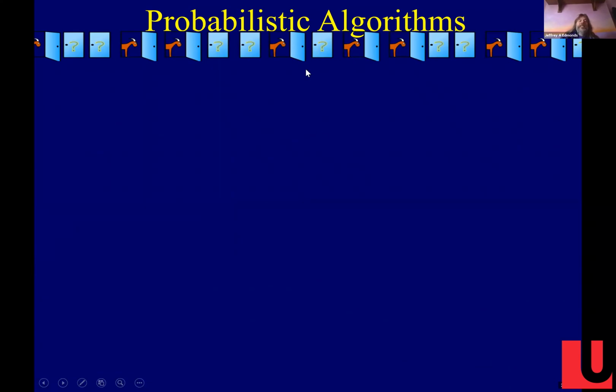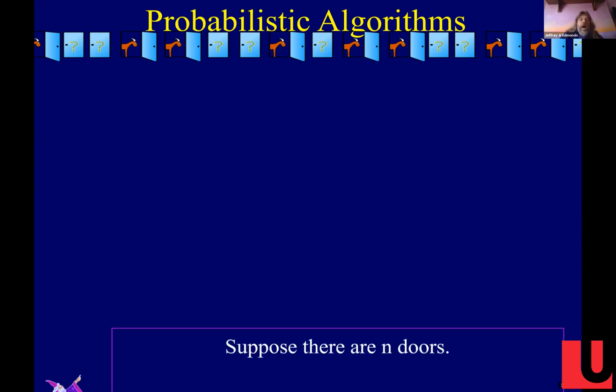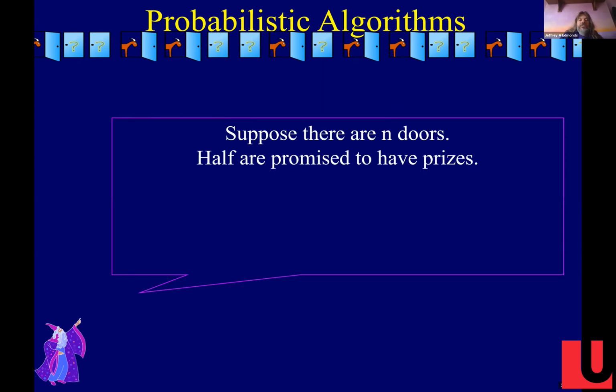All right, let me tell you a game which I think is kind of fun. There are lots of doors, and behind each door there's either a prize or a goat. I'm promising you that half the doors have prizes.